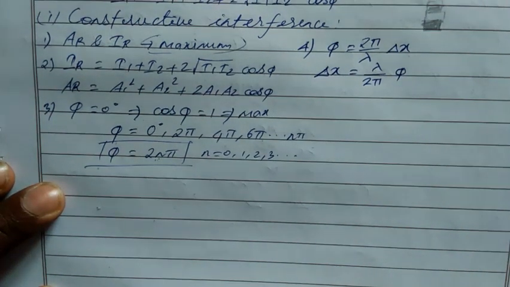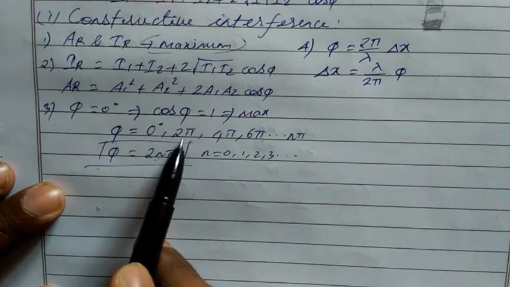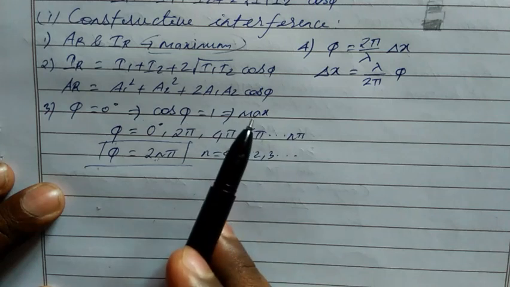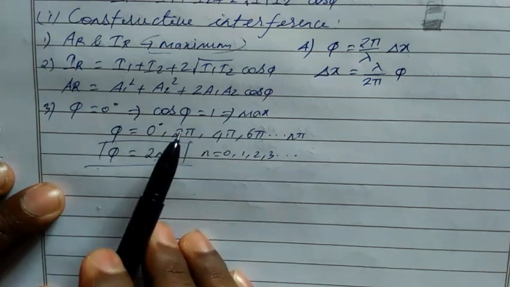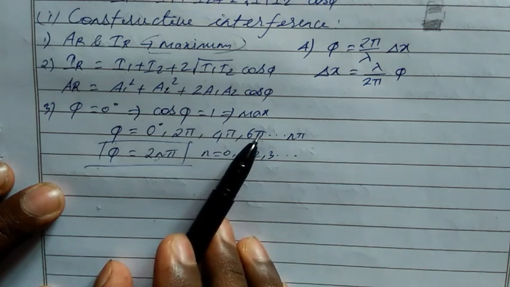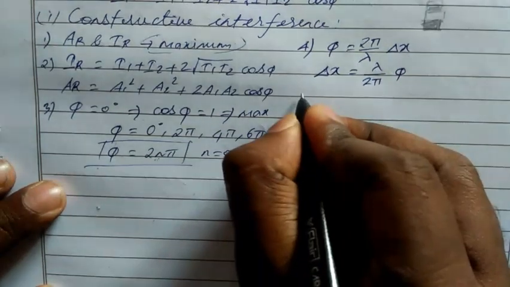Then substitute for the maximum values. We take the maximum values as 0, 2 pi, 4 pi, 6 pi, n pi. All these values give cos equal to 1. Cos 2 pi is also 1, 4 pi 1, 6 pi 1, cos 10 pi also 1. So we can substitute the maximum values.